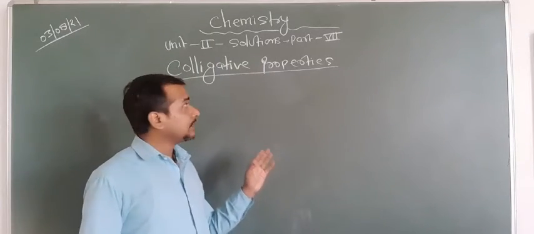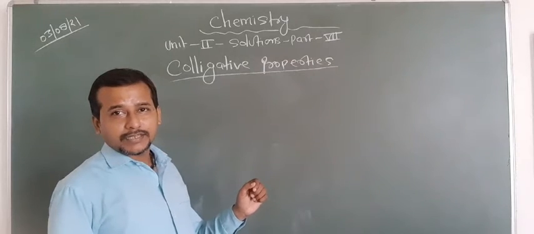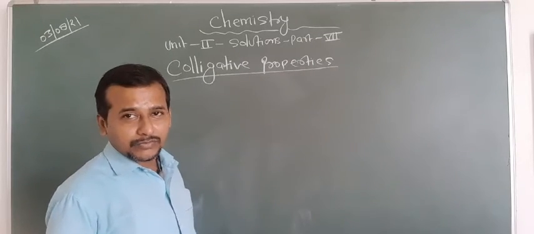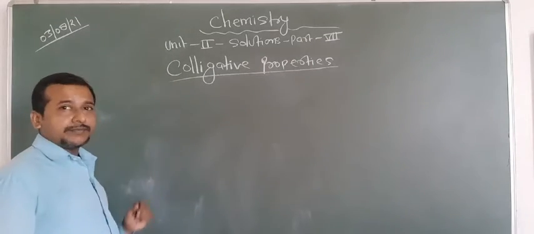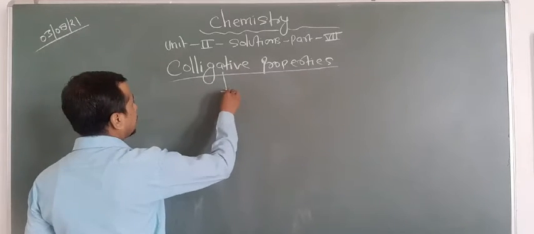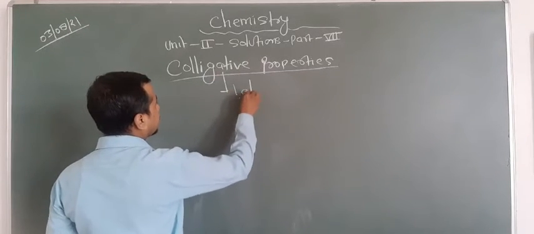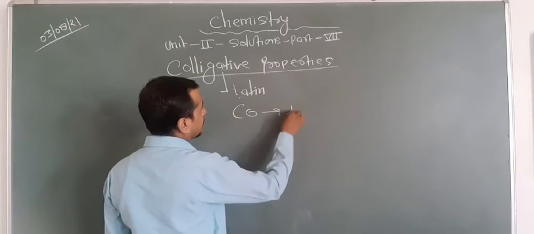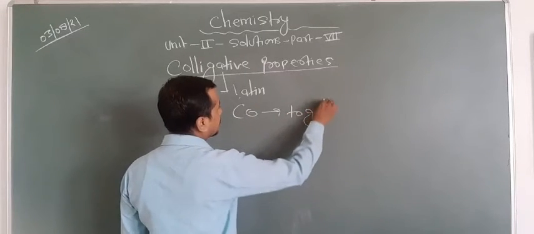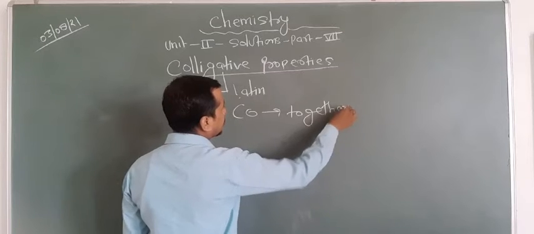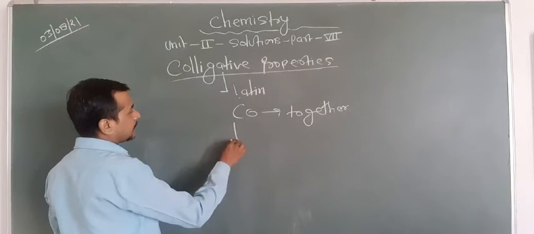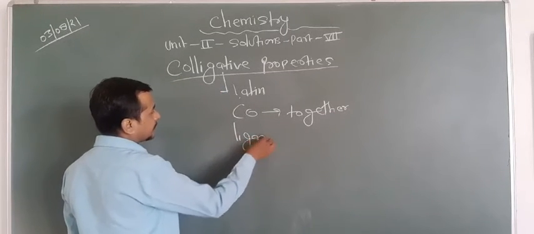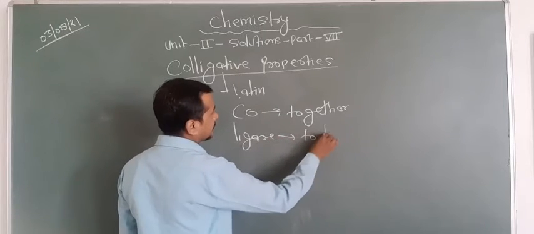Colligative properties are properties of dilute solutions. What is the meaning of colligative in Latin? In Latin, co means together, and ligare means to bind.